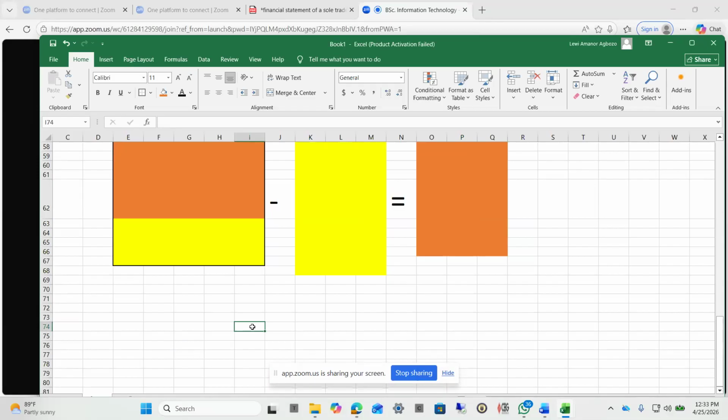I'm not getting the feedback I wanted. If A is equal to L plus equity.